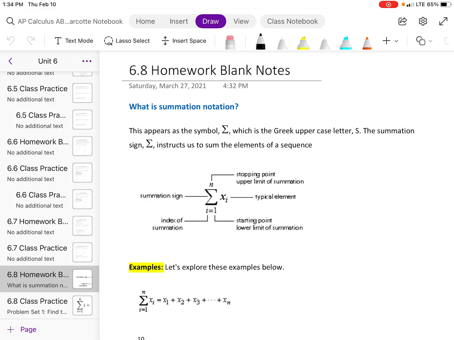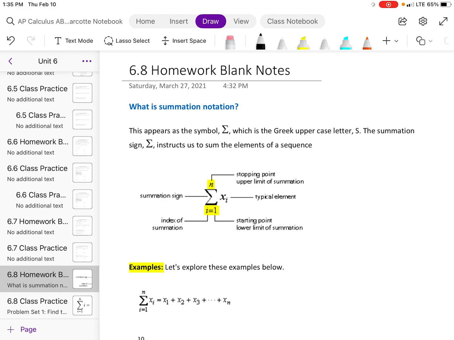So the i equals 1, that's the index. The i is the index, and 1 is telling us the starting point. So when you see i equals 1 at the bottom, sometimes you might see k equals 1. That letter there is the index, and the number corresponding is where you start, and then the top is where you end.